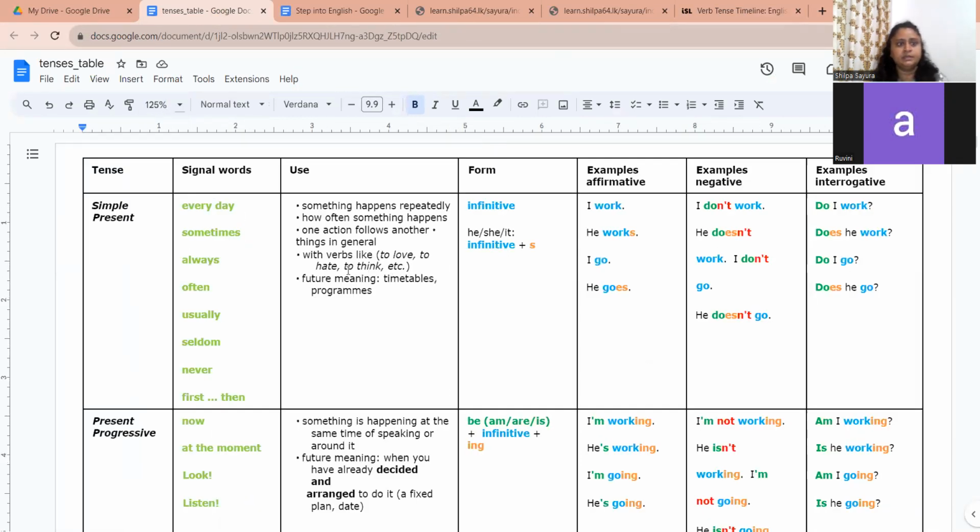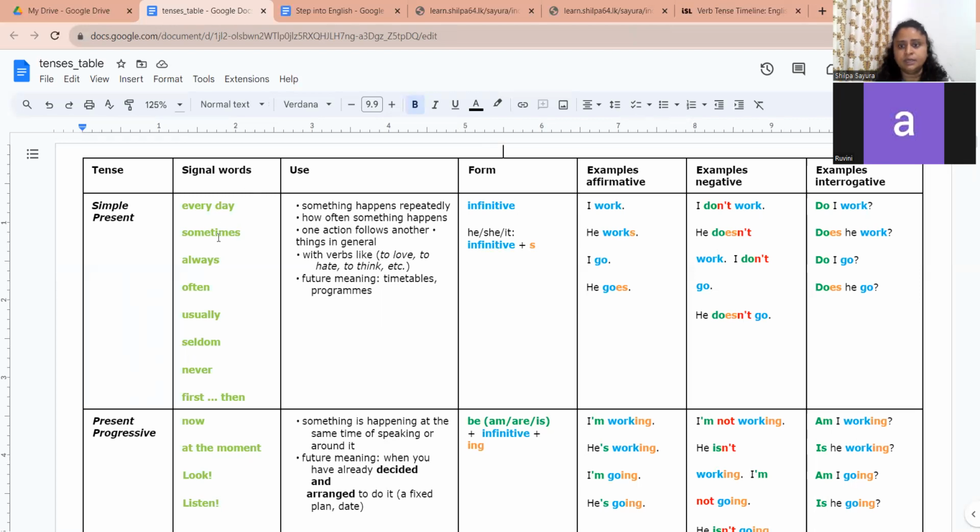Yes, simple present tense. So I talked about this. So it's about routines. I work, and the negative form, I don't work. So you can see that in different colors. Each color coordinates the main verb, the modal verb, the helping verb, and here doesn't. So you can easily identify this again.